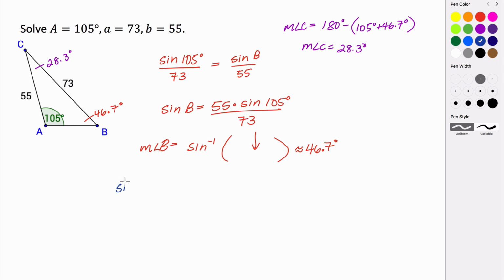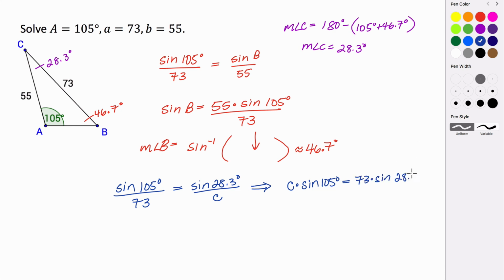So we have the sine of 105 degrees divided by 73 equals the sine of 28.3 degrees divided by C. So take the cross product, and that gives us C times the sine of 105 degrees equals 73 times the sine of 28.3, and then divide by the sine of 105 degrees.